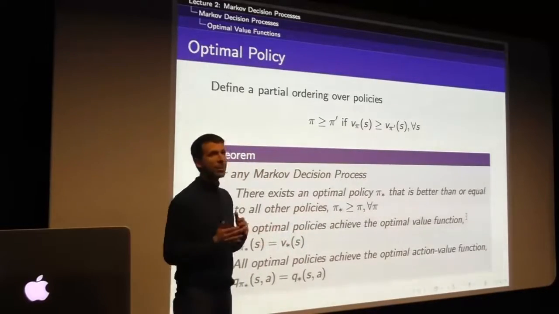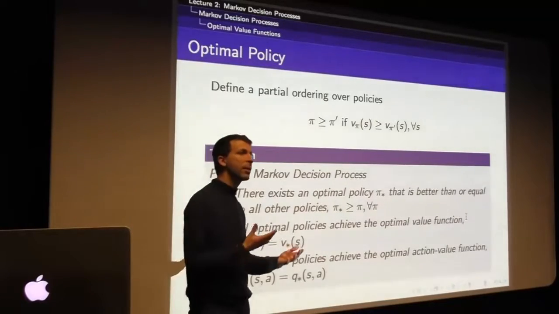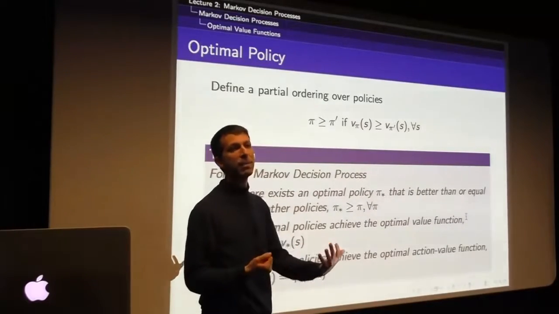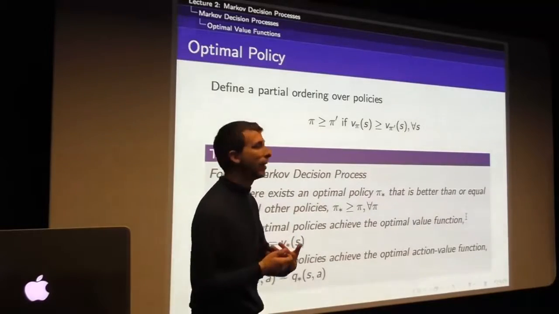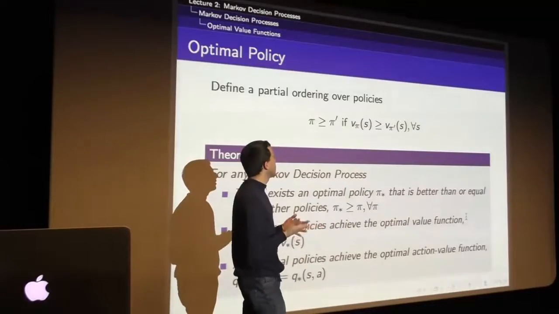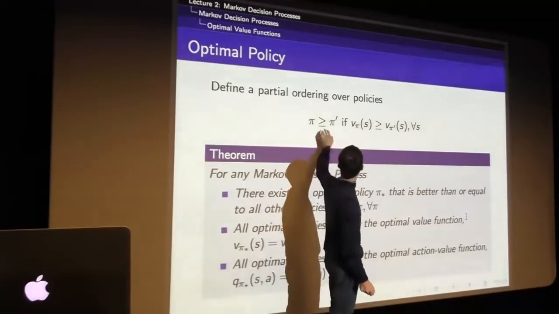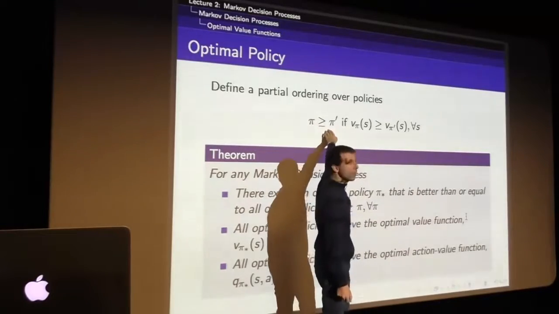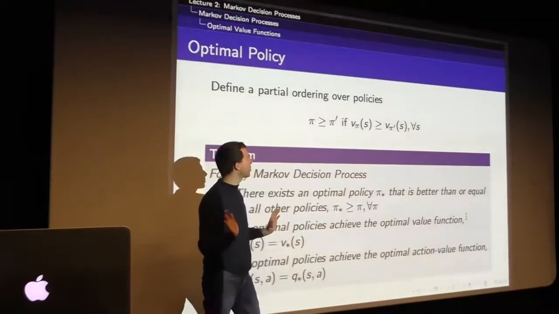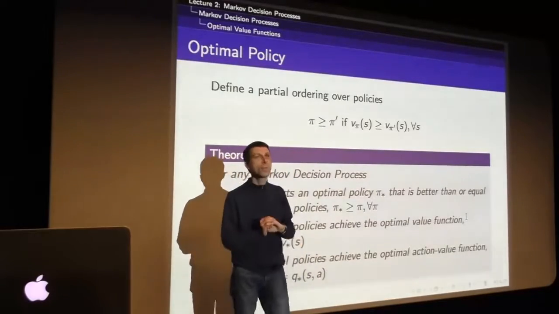And so to understand what it means to be optimal, we need to define a notion of optimality. And to do that, we need to know what it means for one policy to be better than another policy. And so what we do is we define a partial ordering over policies. Let's consider two policies, pi and pi prime. These are two arbitrary policies. And we're going to define this greater than or equal to operator.